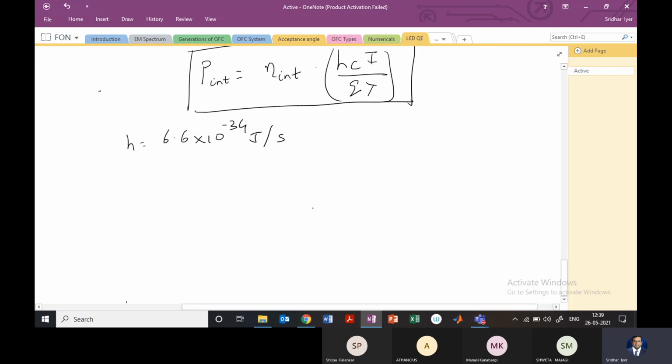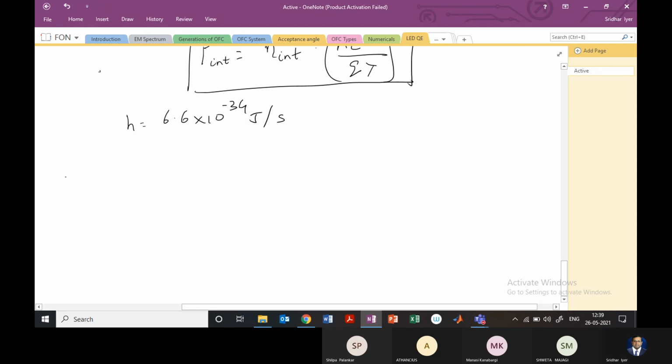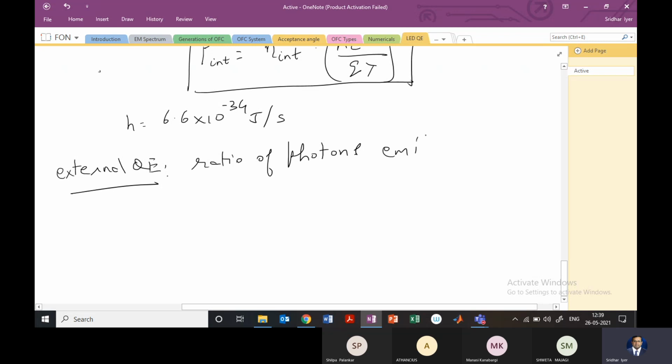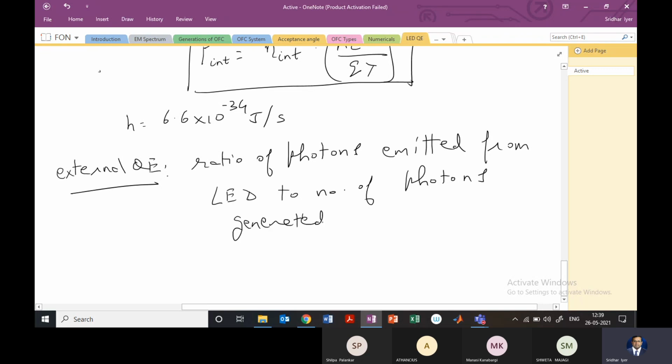The external quantum efficiency is nothing but the ratio of photons emitted from the LED to the number of photons generated internally.